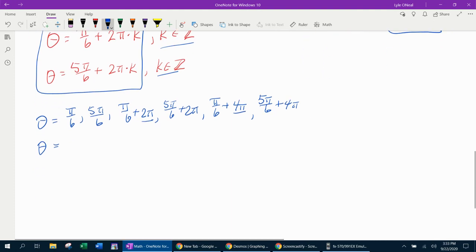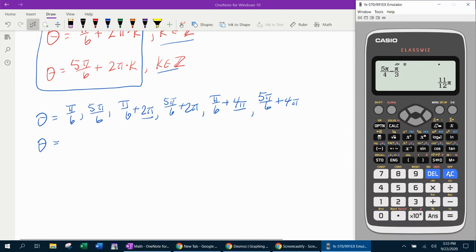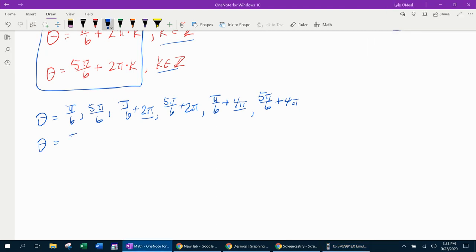And all I got to do is simplify those, and I'm going to use the handy dandy calculator to help with that, okay? So we've got pi over 6, 5 pi over 6. Maybe we can do this one mentally. That would be 12 plus 1, that would be 13 pi over 6. And this would be 12 and 5 is 17 pi over 6.